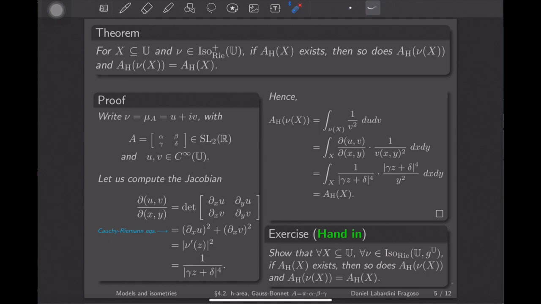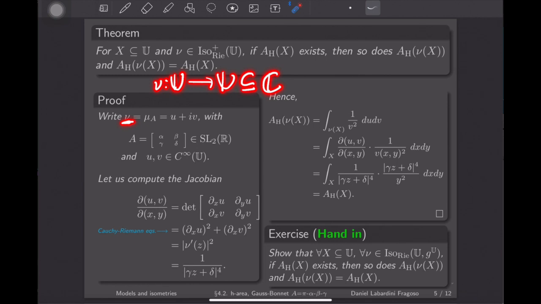Now, such a transformation, of course, is a function from U to U, and U is, of course, contained in the complex numbers. So such a function nu certainly has a real part and an imaginary part.